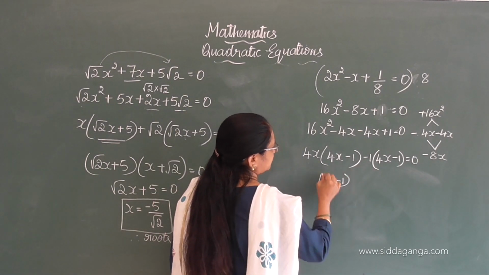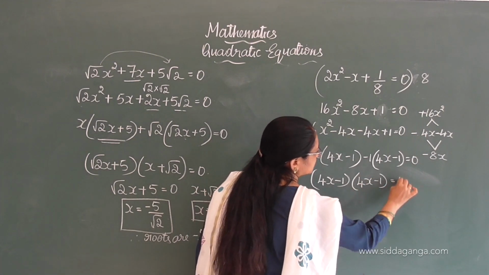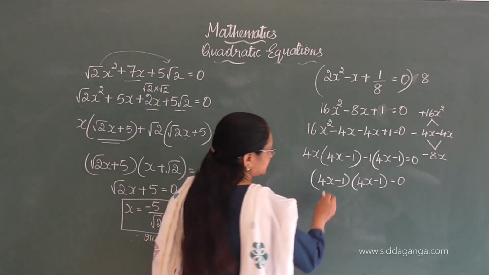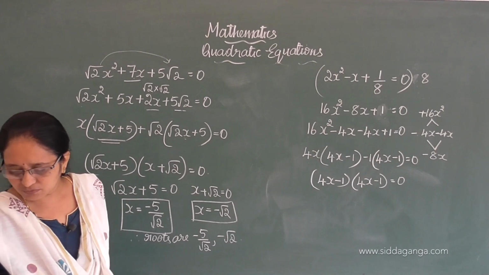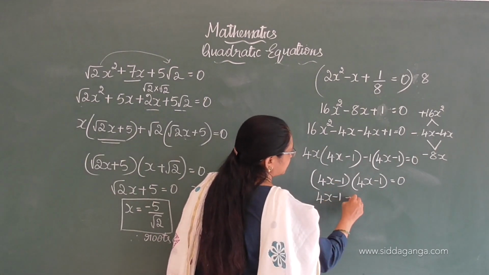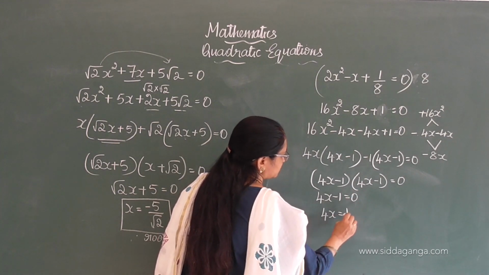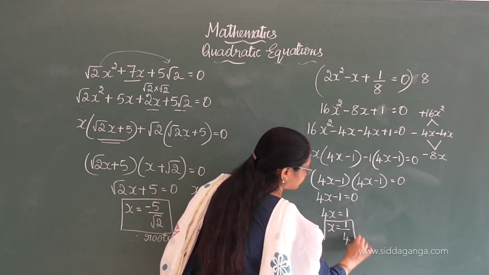4x minus 1 and 4x minus 1. See, here you will get special roots. Just see. Here 4x minus 1 and 4x minus 1. Now, here 4x minus 1 is equal to 0. Therefore, 4x is equal to 1, x is equal to 1 by 4.